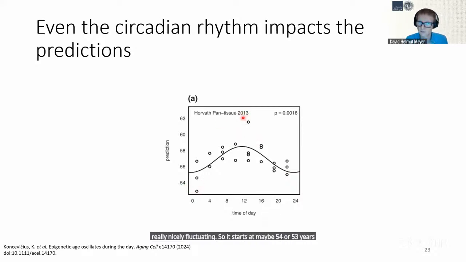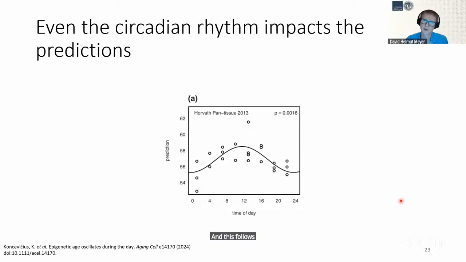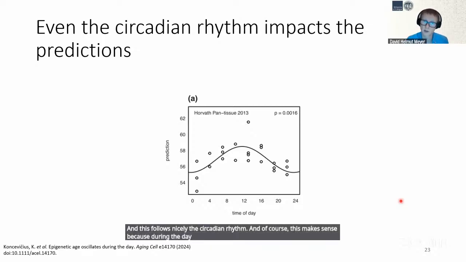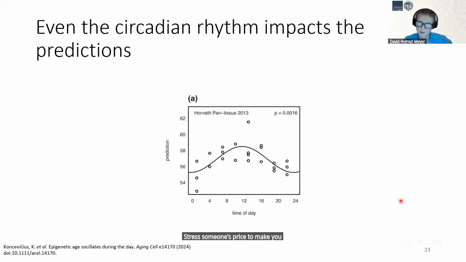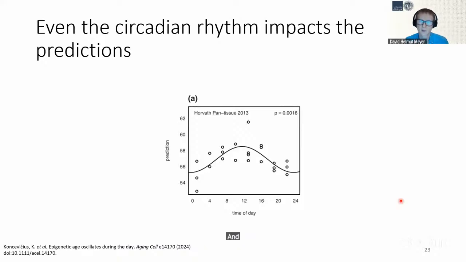It peaks at more than 60 in this one sample, and then it goes down again. And this follows nicely the circadian rhythm. And of course, this makes sense because during the day, your cell type composition also changes. In the morning, when you wake up, stress hormones rise to make you wake, the cell type composition changes. And in the night, when you get to rest again, it changes again. And this is exactly what is reflected here as well.